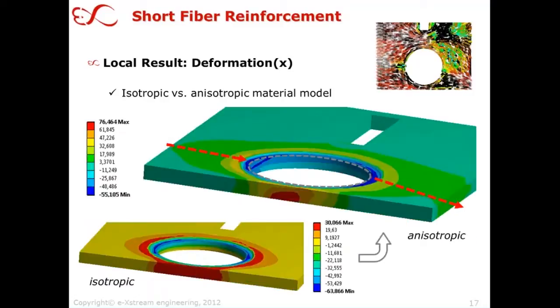This is also the case when we go for maximum principal stress as a result. Again, we go from symmetric result fields to asymmetric, which reflects the fiber orientations, but also the level of stresses that we find are hugely different if we compare the anisotropic and the isotropic model.